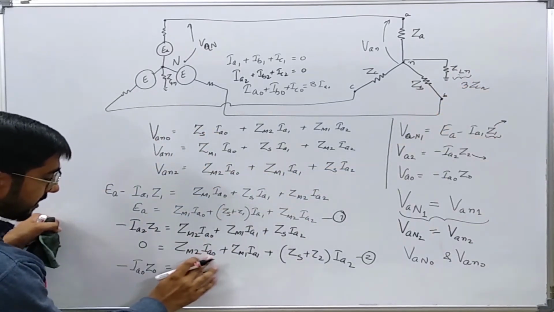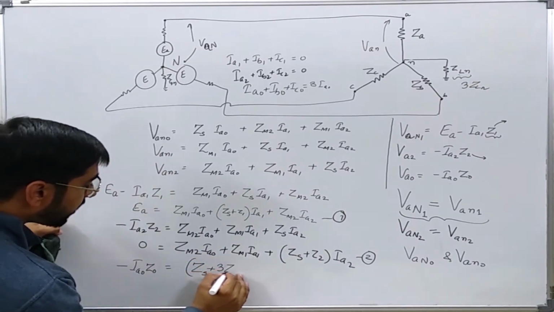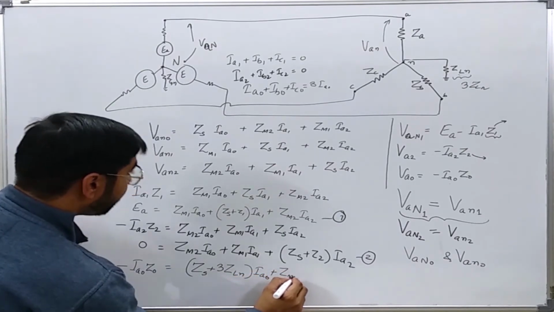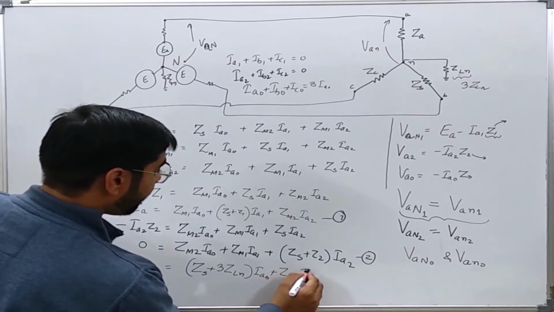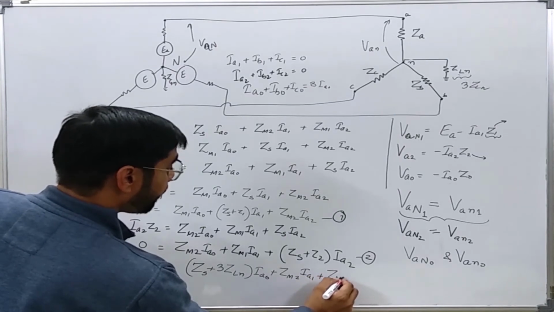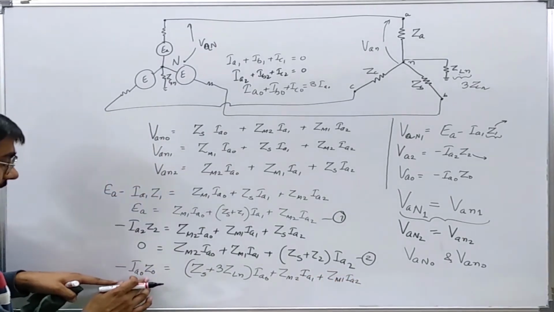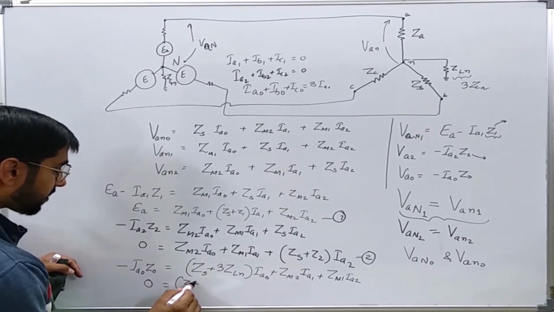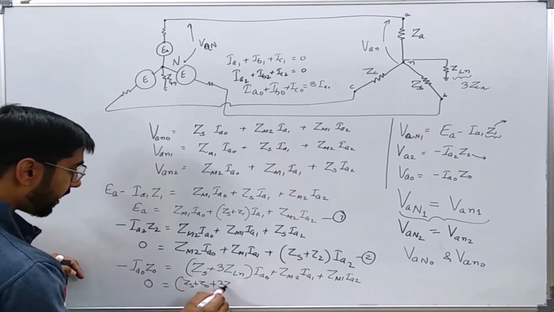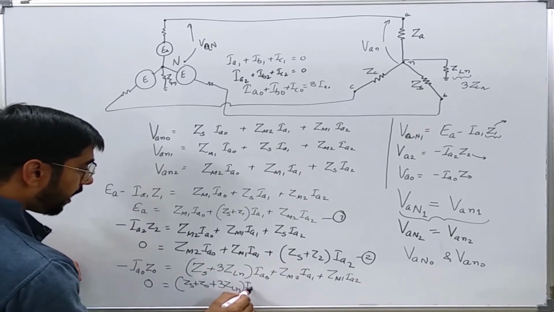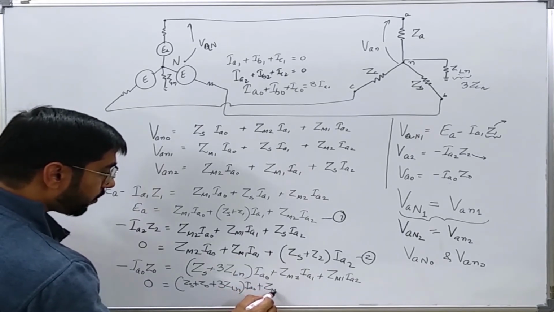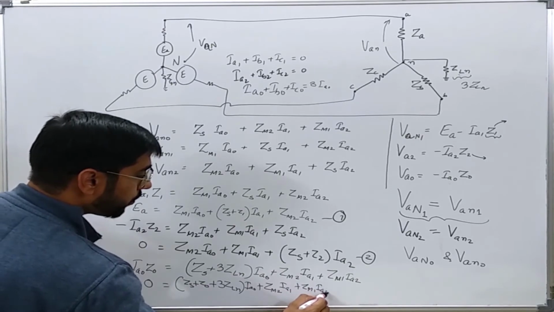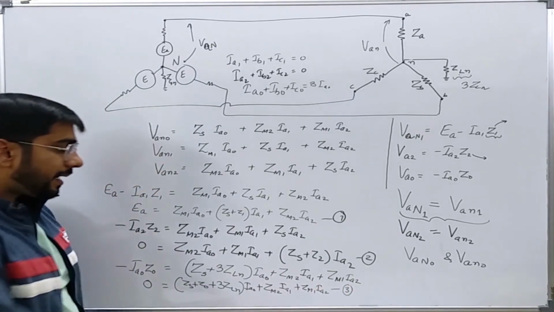So for zero sequence current it will have 3 times ZLN also into IA0 plus Zm2 IA1 plus Zm1 IA2, or we can take this on the right hand side, it is equal to 0 equal to Zs plus Z0 plus 3ZLN into IA0 plus Zm2 IA1 plus Zm1 IA2. Let us say this is equation number 3.